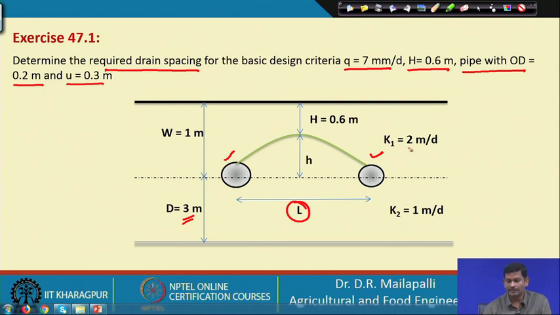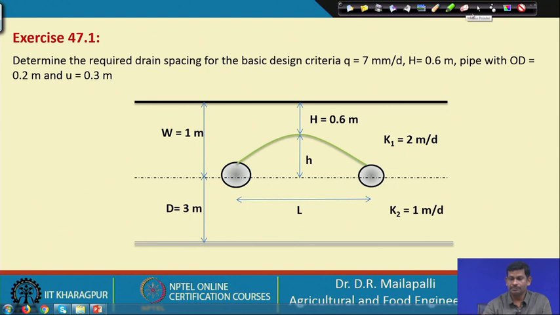The top layer has hydraulic conductivity of 2 meter per day, and the bottom layer is 1 meter per day. So, with this, find out what is L, the drain spacing. We need to bring the Hooghoudt equation and the criteria into the picture, and using the trial and error method we are going to find the length L.